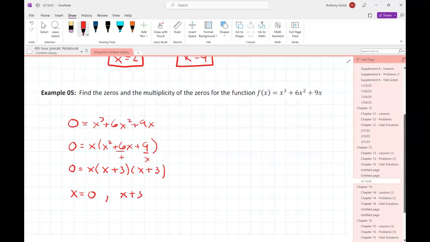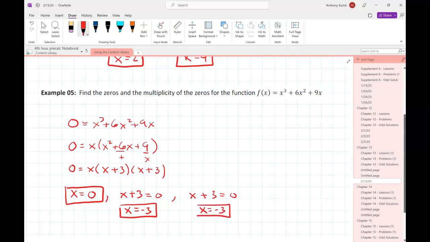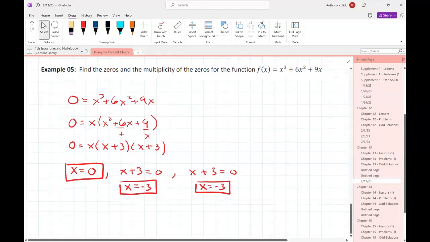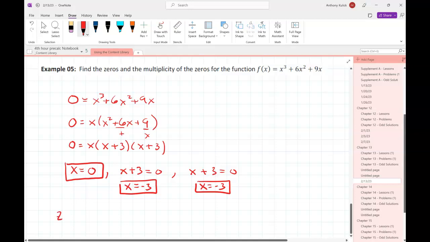I then apply the zero product property, which allows me to set each of the factors equal to 0. X equals 0, that's already solved. If I subtract 3 from both sides, I get negative 3. And subtract 3 from both sides, I get negative 3. How many solutions do I have? 2, right?